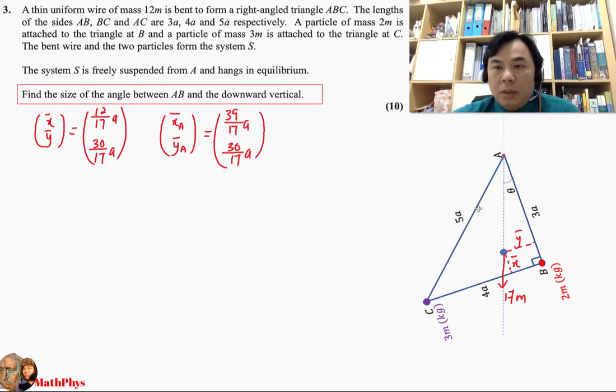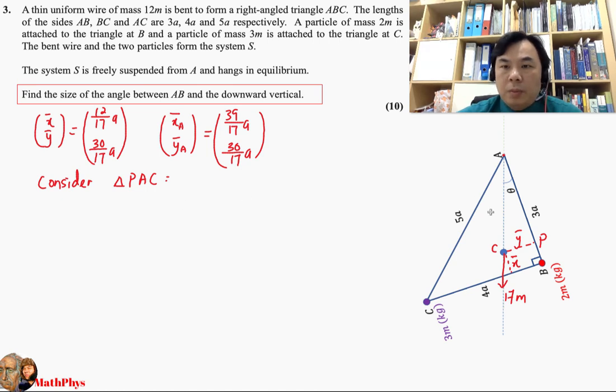Now again, by looking at this structure here, if we were to label this as the center of mass, and this part here as P, then by considering the triangle PAC here, we can apply a simple trigonometry ratio to obtain this angle.